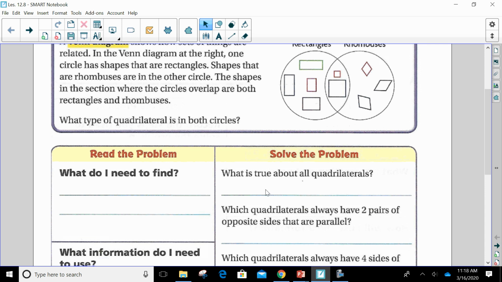First off, what is true about all quadrilaterals? So let me get my pen. Okay. They have 4 sides. Oops. Come on, pen.